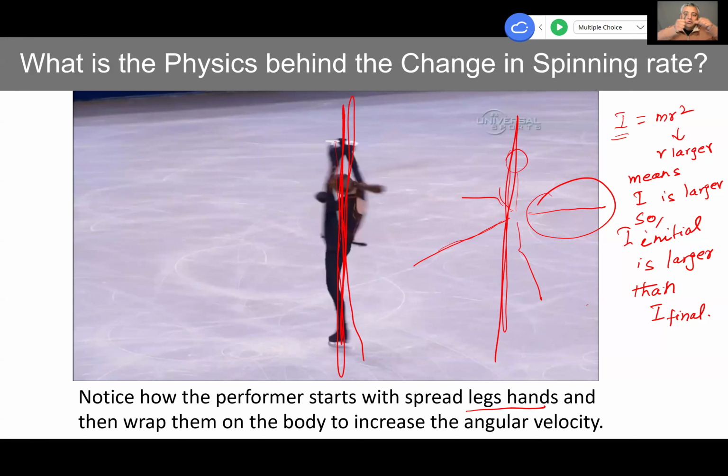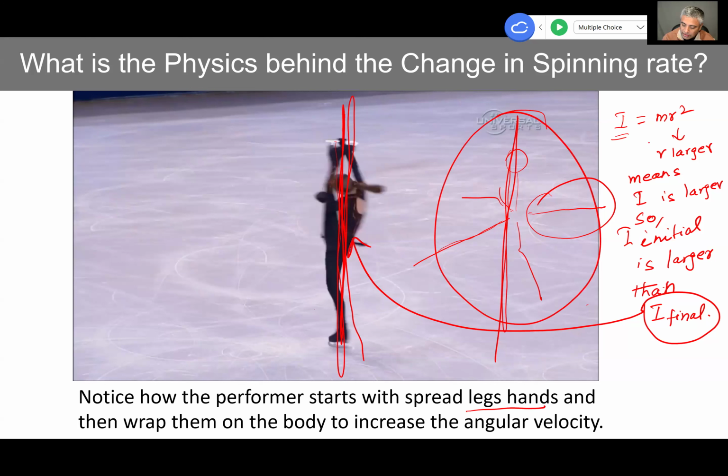So by bringing the hands from the straight position to a straight line like this, what's happening is the final rotational inertia is larger than the initial rotational inertia, okay? So changing the rotational inertia is changing the angular speed.